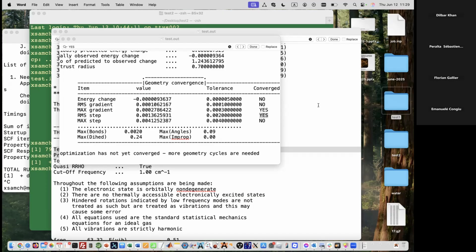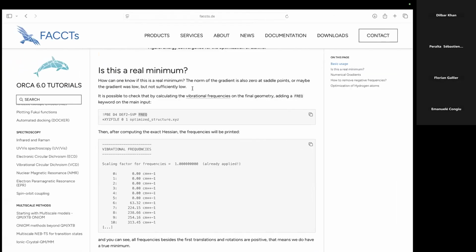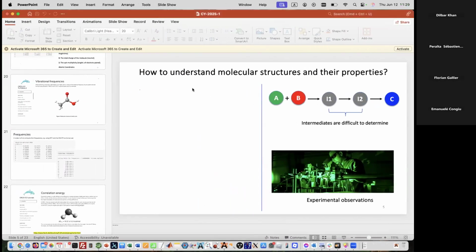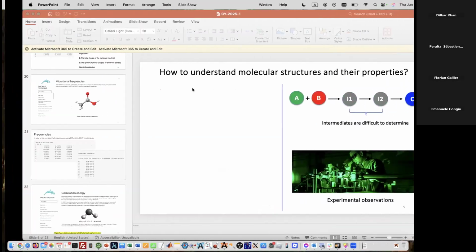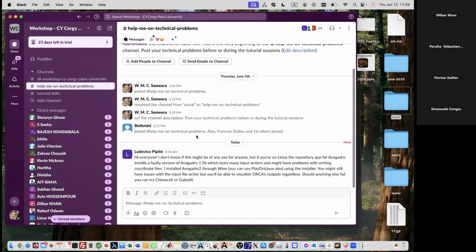So, I think we should continue the tutorial a little bit. Now you can do computation independently. Someone has technical troubles. In Slack there is a technical trouble.